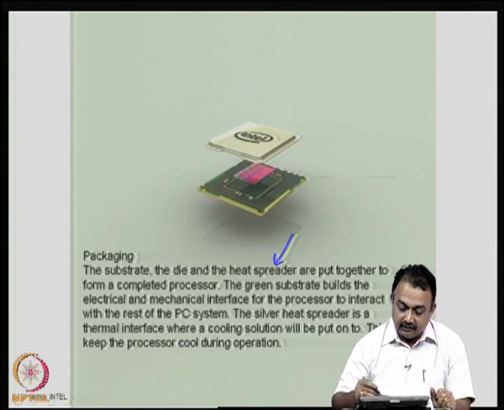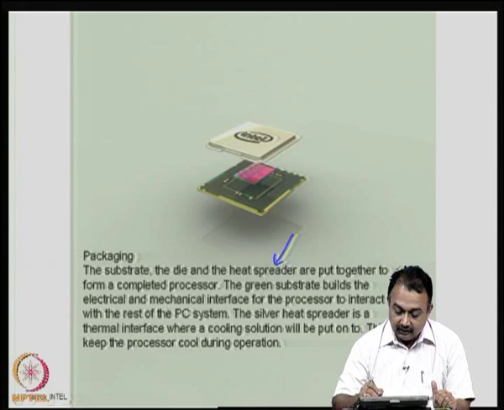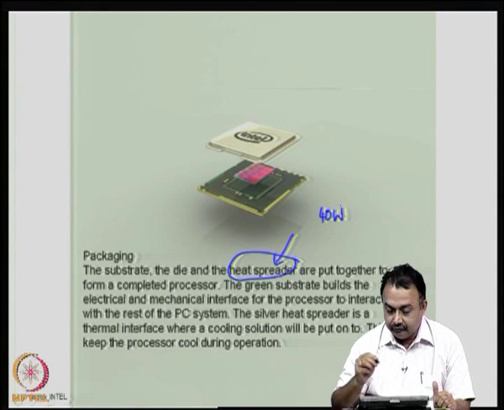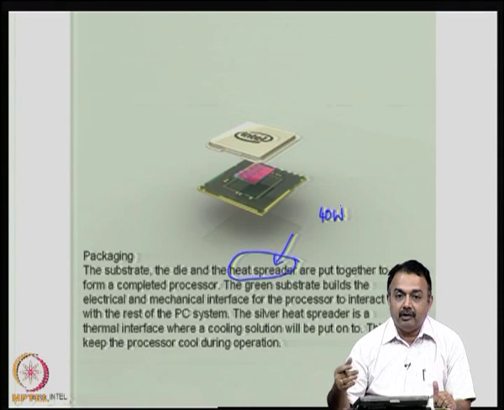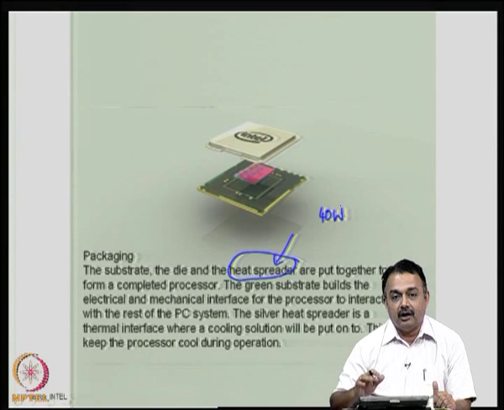In some cases, if the chip manufacturer has made a lot of analysis and comes out with some kind of a figure, let us say 40 watts is going to be generated from a processor, do you require a heat spreader to remove the heat quickly, or if you do not require a heat spreader, what other mechanisms are going to be available to remove the heat? Can the substrate remove the heat quickly from the surface of the die?